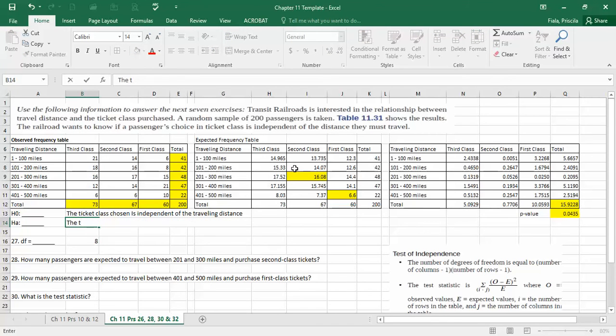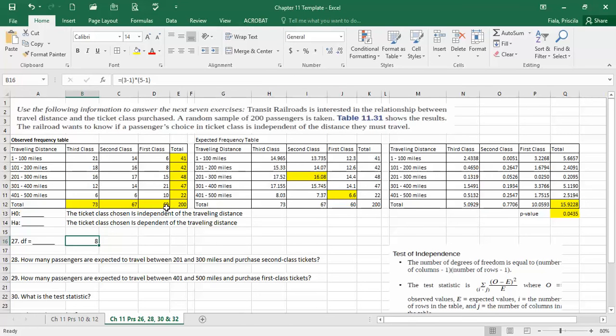And then the alternative, if one is saying independent, I would say the other one is dependent. So it's a test of independence.